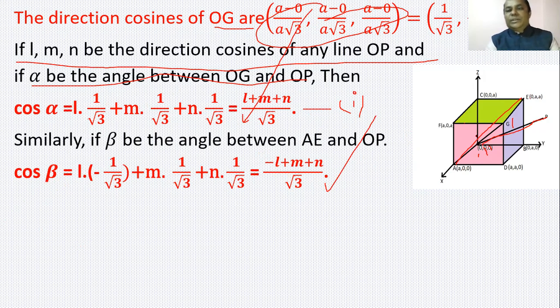Why is it root 3? Because the diagonals of a cube are equal.